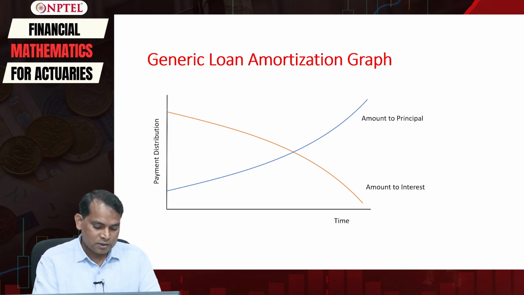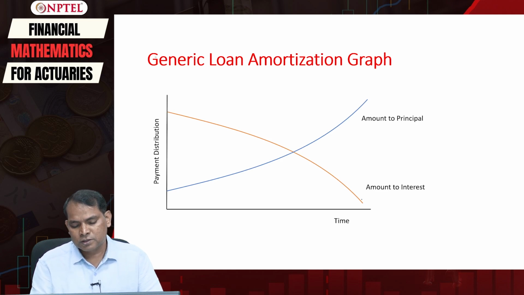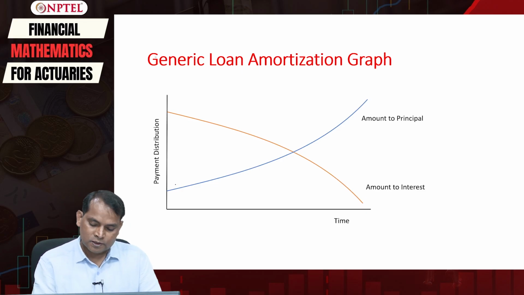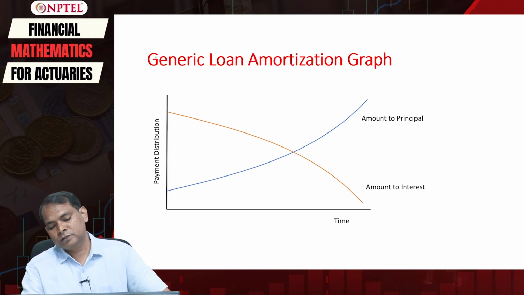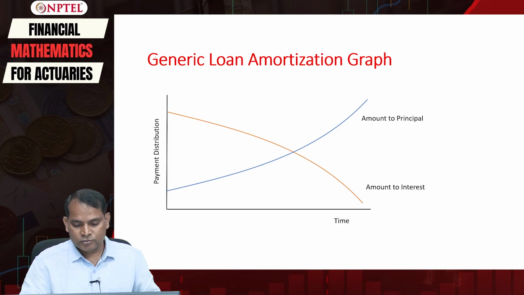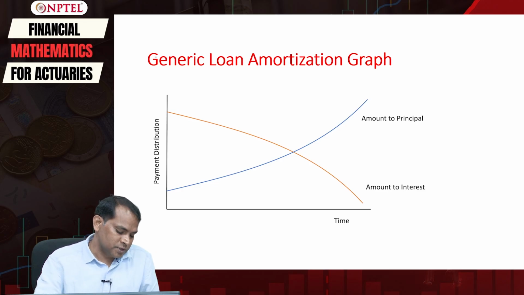Initially the interest amount is high but gradually decreases over time until the end of the loan. At the same time, the amount going toward principal reduction is initially small but gradually increases, and therefore in the last period your loan balance becomes 0. So this is how the loan amortization principle works.